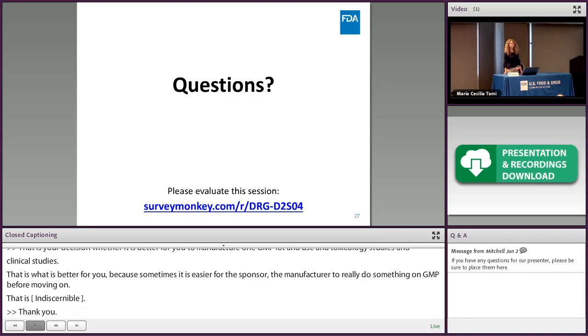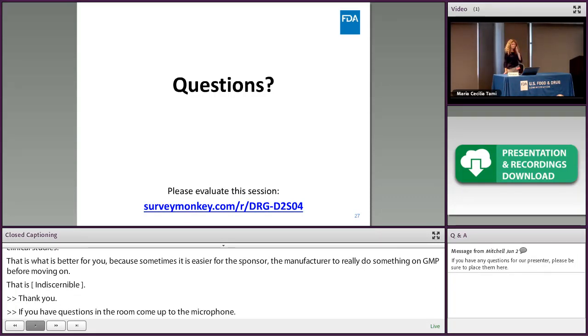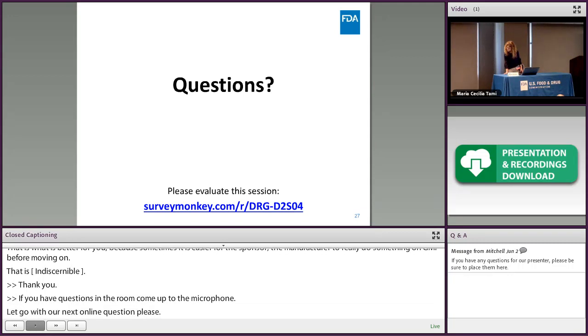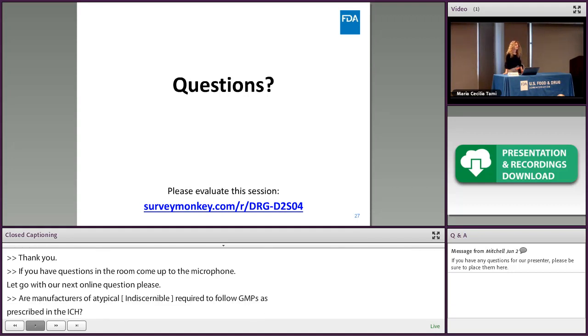Are manufacturers of atypical actives required to follow CGMPs as described in the ICH? Manufacturers, no? Can you repeat it one more time? Are manufacturers of atypical actives required to follow CGMPs as described in the ICH? Atypical what?